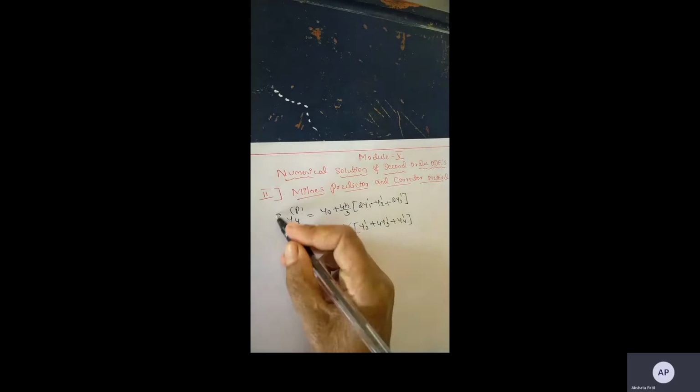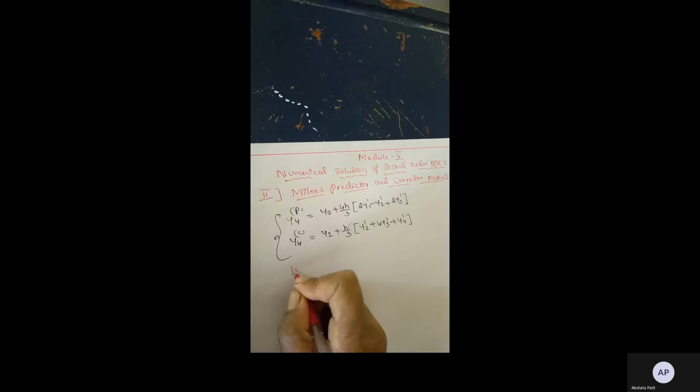These relations we already used in module 4 of Milne's predictor and corrector method. These two relations are used directly to solve a first order ordinary differential equation.